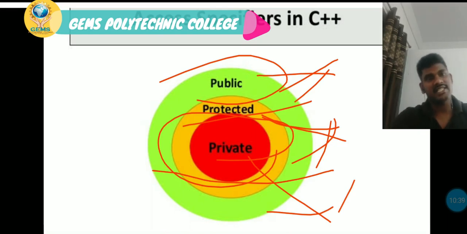So in total, access specifiers are three types: the first is public, the second is protected, the third is private. Public has no restrictions; protected has some restrictions; private has no access. Based on these access specifiers, we access or acquire the properties from one class to another class.